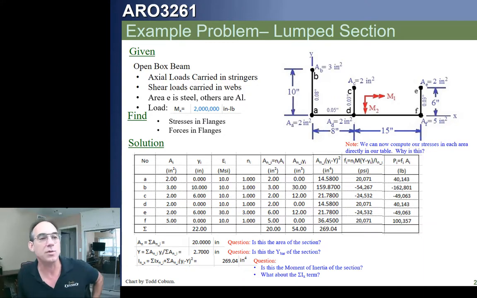We then, if we wanted to, could calculate the force in each stringer. This is commonly needed for stability analysis. Now you can just take the stress in each, multiply back against the area of each, and that will tell you what the force is of each. You'll notice that we are multiplying to get the force.